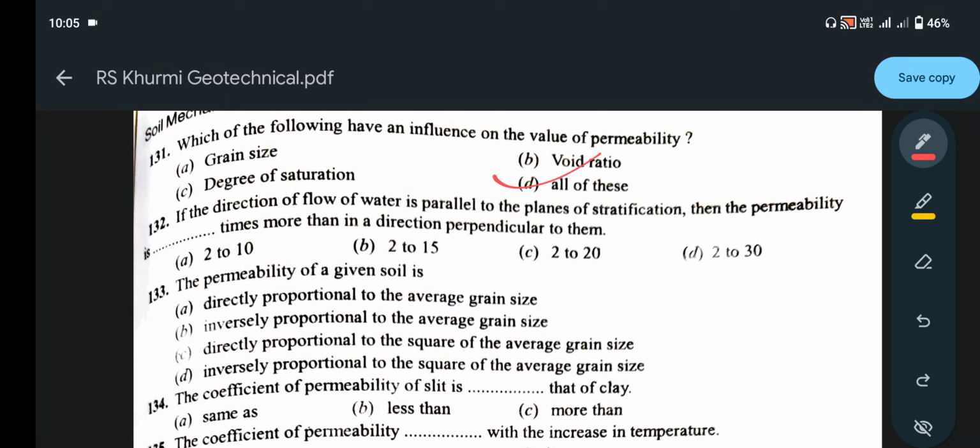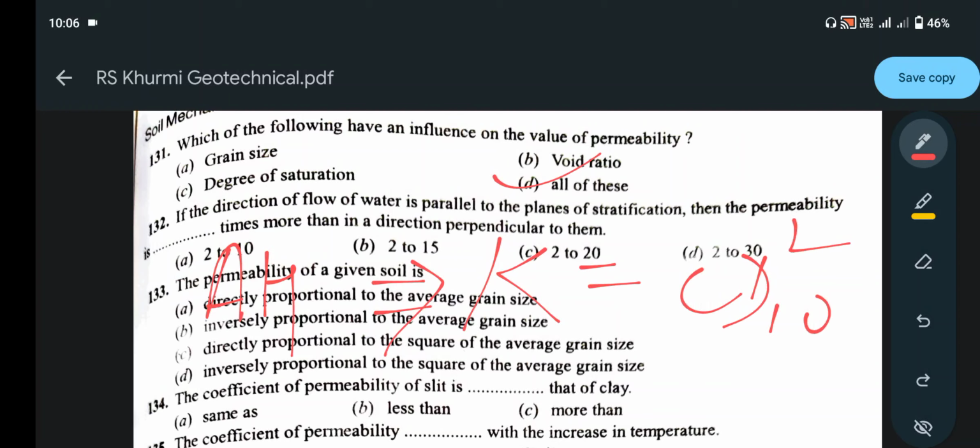There are several empirical formulas. For example, Allen has an equation which says K equal to C d10 square. D10 is the grain size, the effective size of grains.